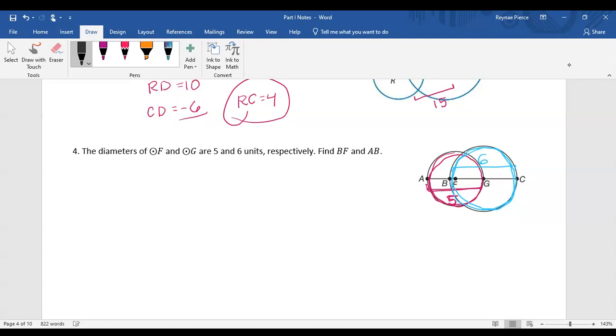The diameter of circle F is 5, which means the radius is 2.5 units. Okay, so that's from F to G. From G to B, that's going to be half of the diameter of circle G, which is 6.